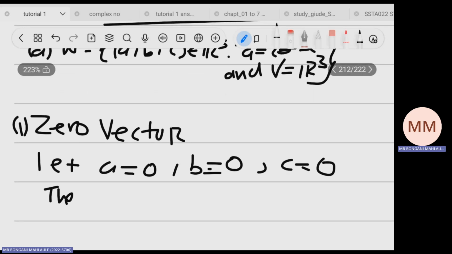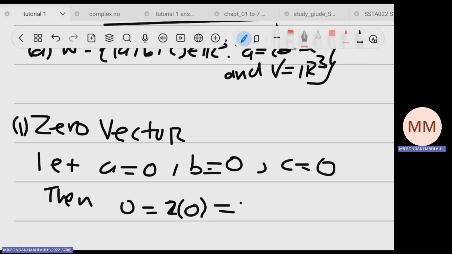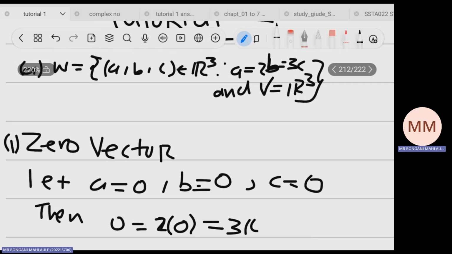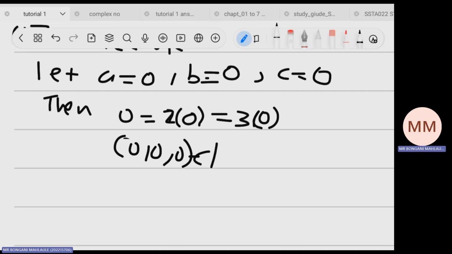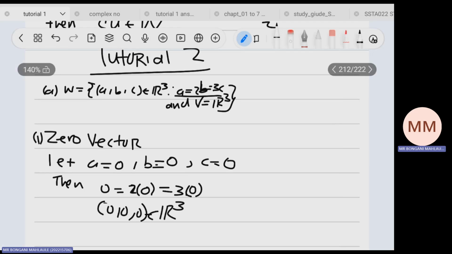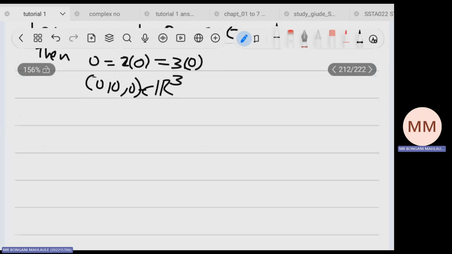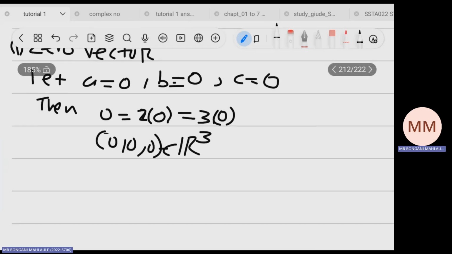Then we can see that you'll have 3 times 0 from this condition there. So we just have 0 is equal to 0 equal to 0, right? So we can clearly see that (0, 0, 0) is indeed an element of R3. So the first condition holds.